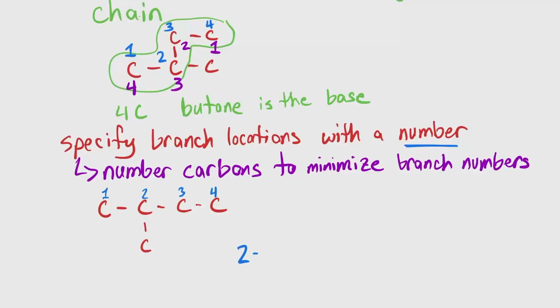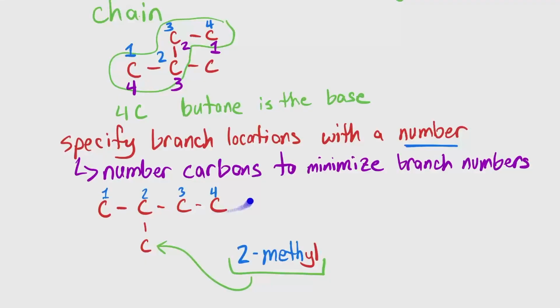How many carbons is the branched group? This little add-on. 1 carbon. Does anyone remember a prefix or a base for 1 carbon? Meth. 2 meth. And then to let us know that it's an add-on group, that's where the YL comes in. So 2-methyl. This whole thing is to specify that carbon.